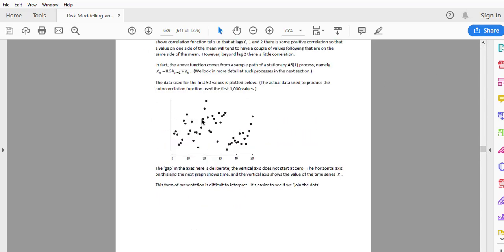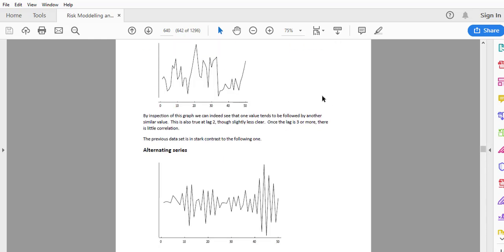But consider the fact that this is not the correlogram. This is just the data plotted on a graph where the times are given on the x-axis, not the lags, and on the y-axis you see your values. If you join these dots, you will observe some sort of a pattern here.